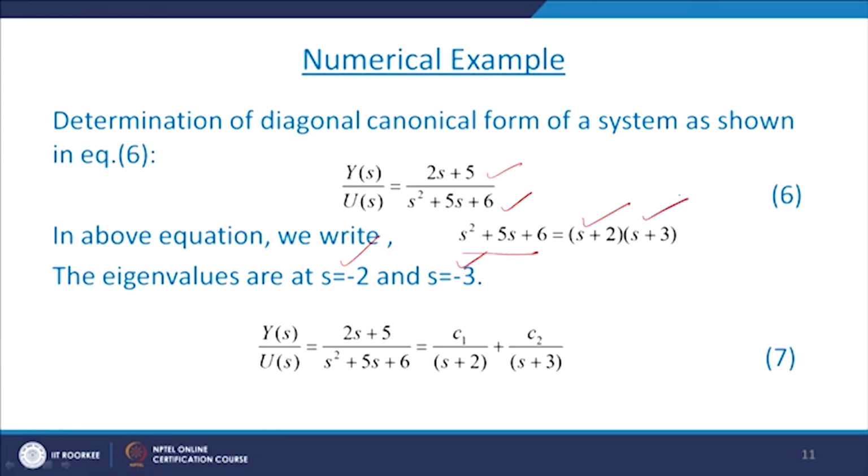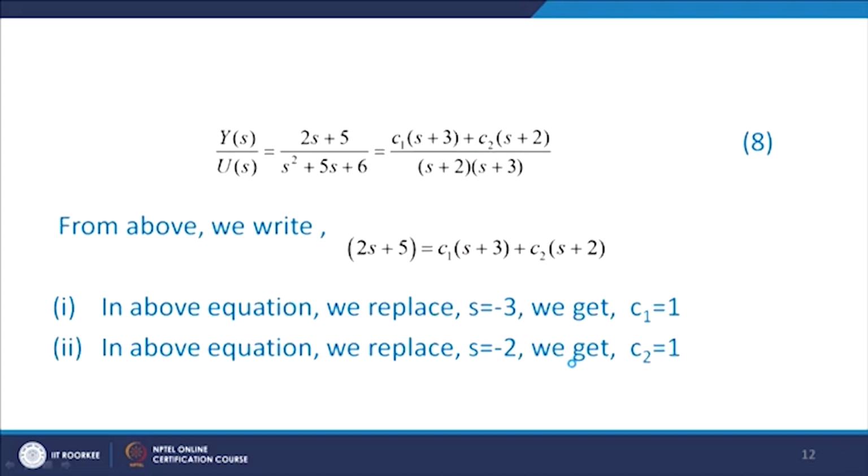Now here we want the diagonal canonical form, therefore we have to use partial fraction expansion. So (2s plus 5) over (s square plus 5s plus 6) is written as c1 over (s plus 2) plus c2 over (s plus 3). After solving, we get 2s plus 5 equals c1 (s plus 3) plus c2 (s plus 2).